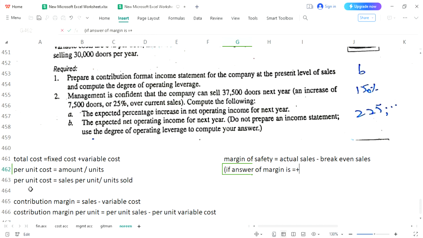If the answer of margin is positive, you will call it satisfactory; the more positive the answer, the more satisfactory. Opposite to it, if the answer of margin is negative, then it would be unfavorable or unsatisfactory.